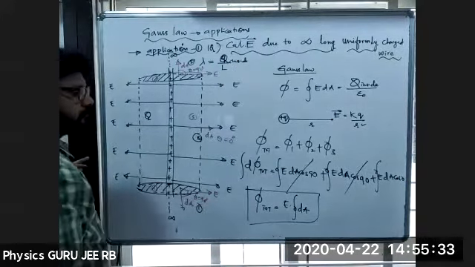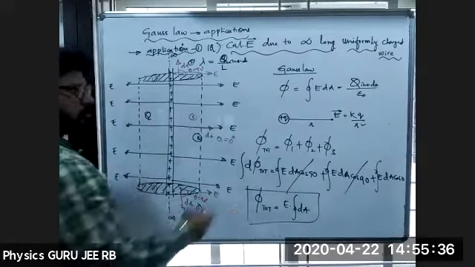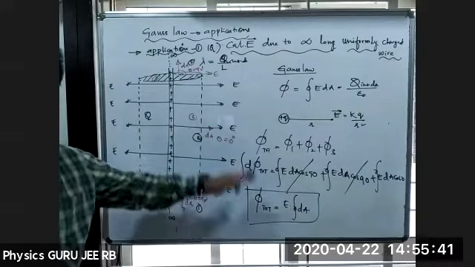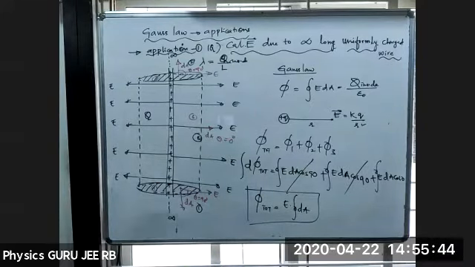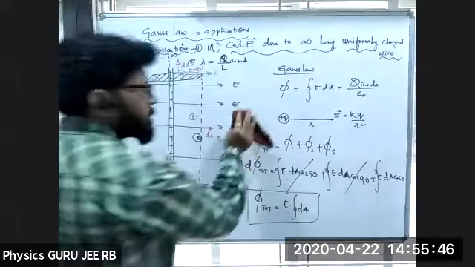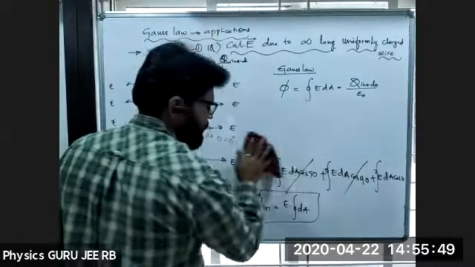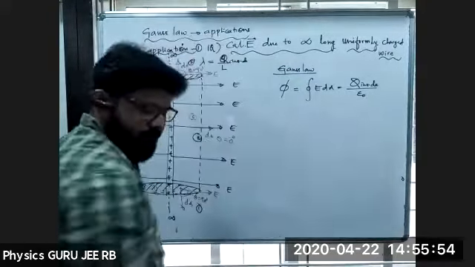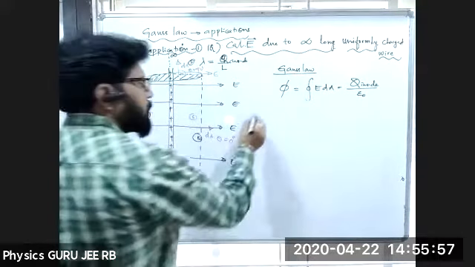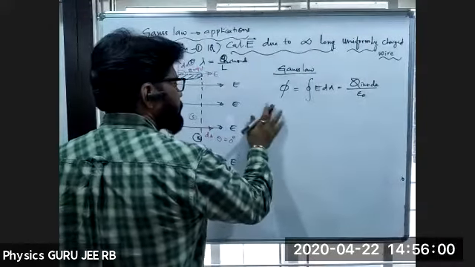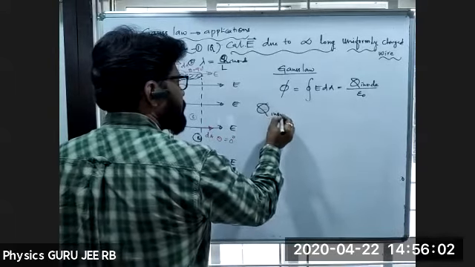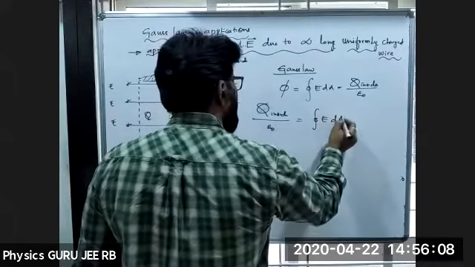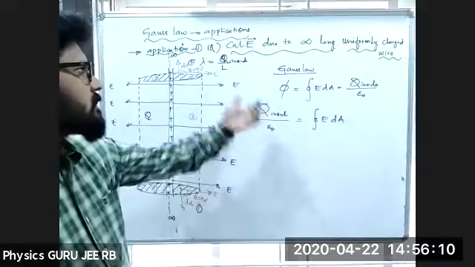Now getting back to here, the same expression we got. I hope you took the screenshot till here. I'll erase this point. Same thing we got: flux, Q inside by epsilon naught, is equal to the integral of E dA.